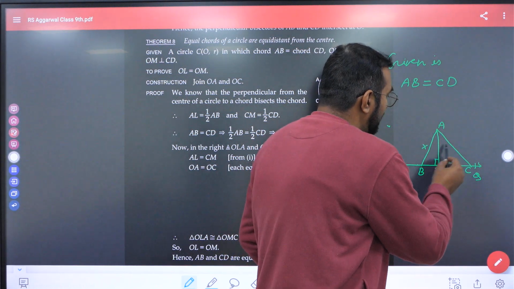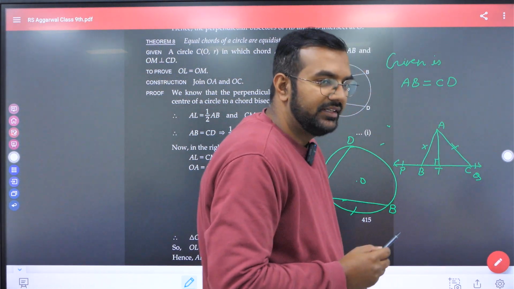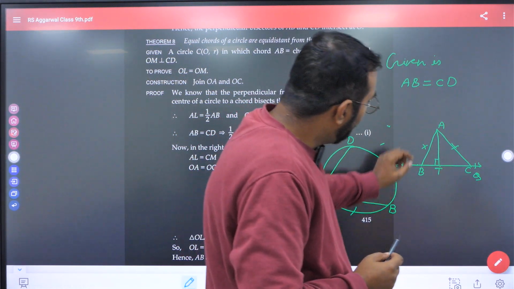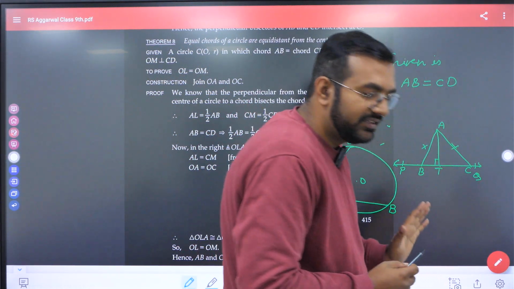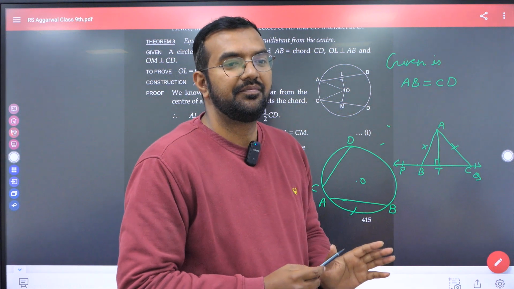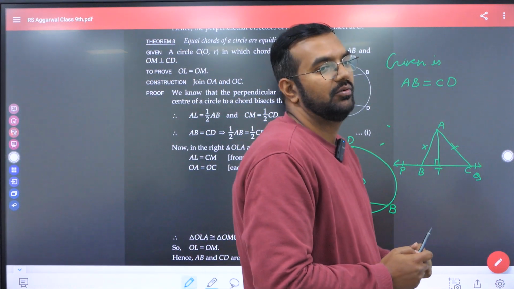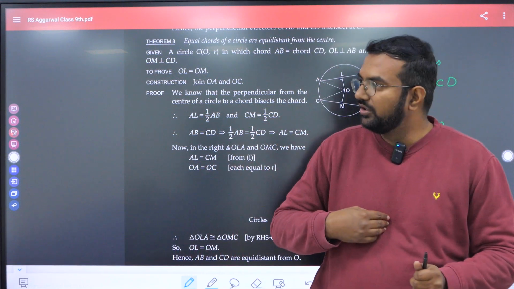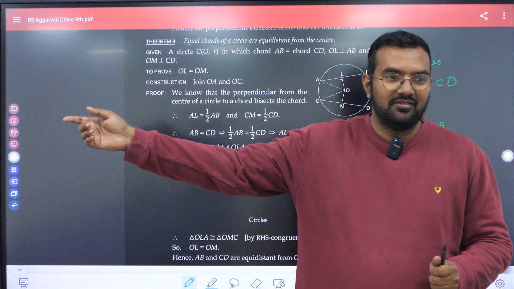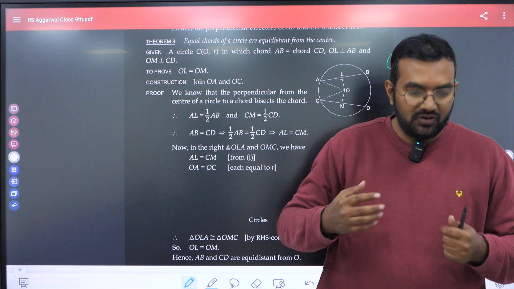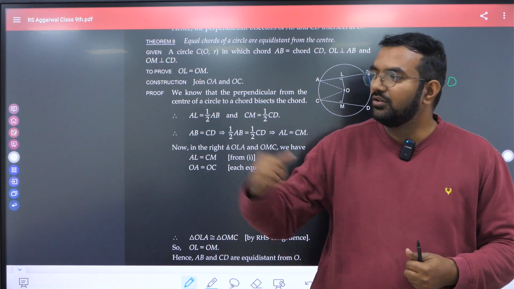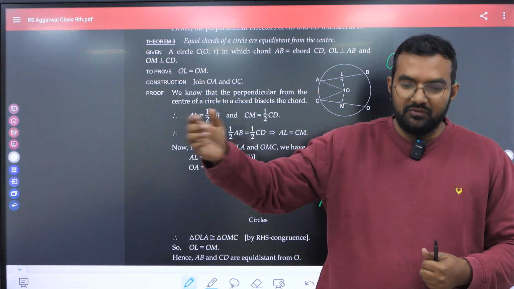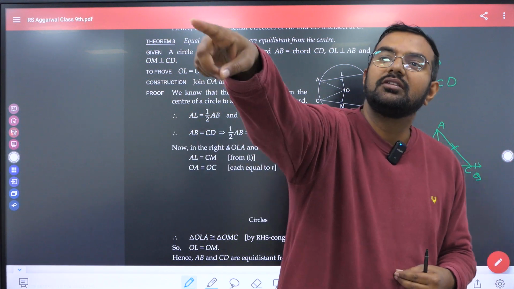So these two lines are not representing the distance from A to PQ. Line segment AT represents the distance. Why? Because this line is perpendicular. Suppose you have to find the distance from this point to that wall. Will you join a line from here to that point?